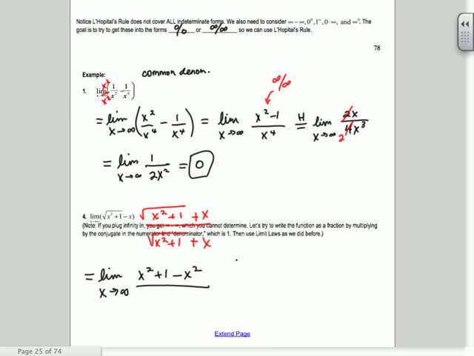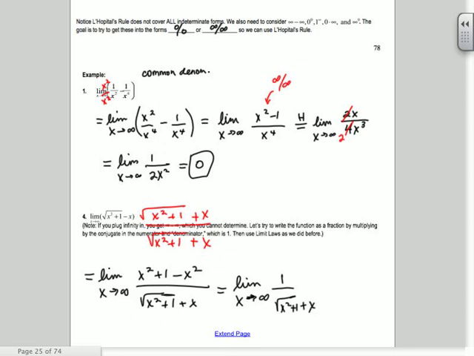So you're foiling it out. The outer and inner terms cancel. On the bottom, you have the square root of x squared plus 1 plus x. So I get 1 over the square root of x squared plus 1 plus x.